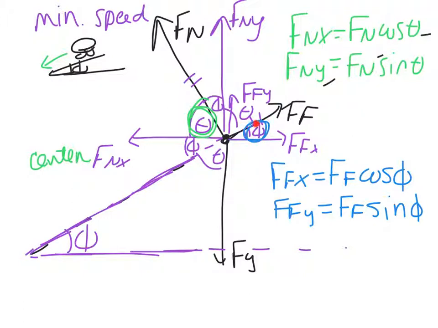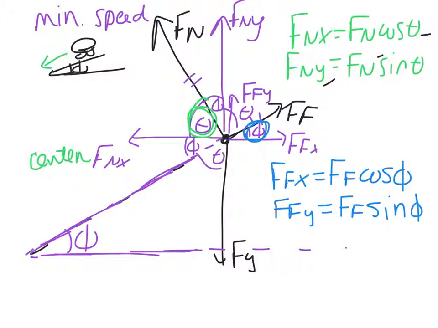The angle relative to the x-axis for frictional force is phi. So friction, phi. So in other words, instead of only using one of the angles, we're going to have to use both when it comes to banked curves. So phi with friction, theta with normal force. And this is for minimum speed.